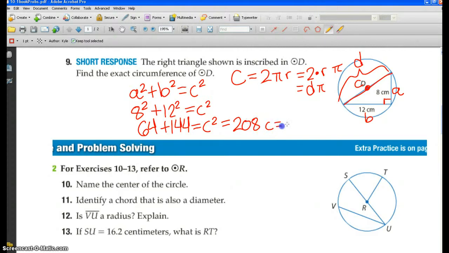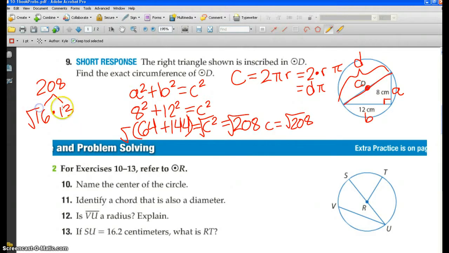So c is equal to the square root, so we want to take the square root of that. And the square root of 208. Let's simplify this. So 208, let's see, what is a perfect square that goes into 208? 16. 16 times what? 16 times 13 is 208, and I can take the square root of 16 and get a whole number.